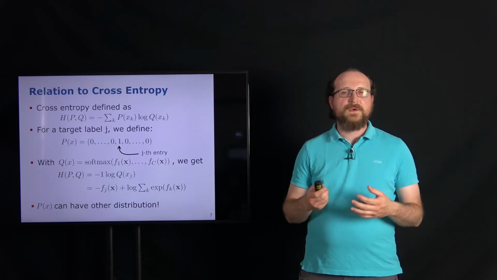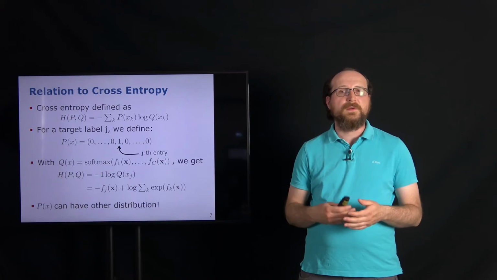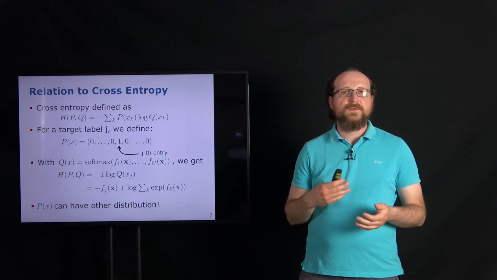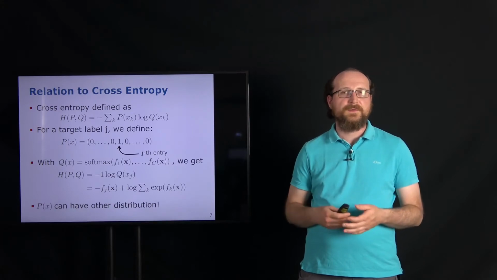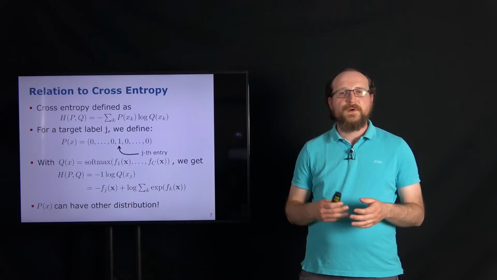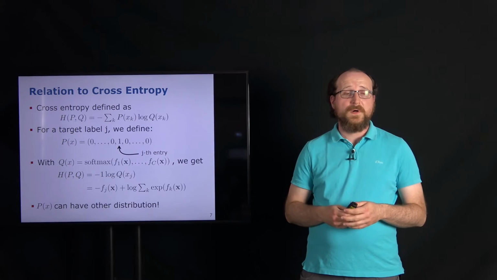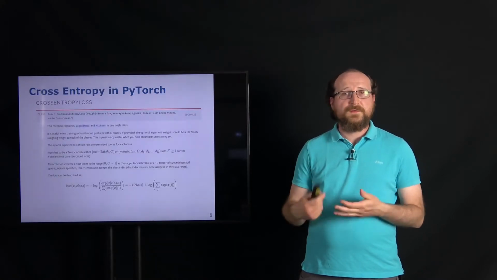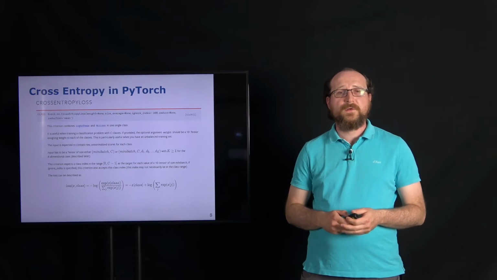So we can maybe encode our uncertainty about the label, so that we are not having a 1 there, but maybe a 0.9, and for some other class a different value, such that it sums up in the end to 1. So of course this is then also implemented in PyTorch, where it's called the cross entropy loss.